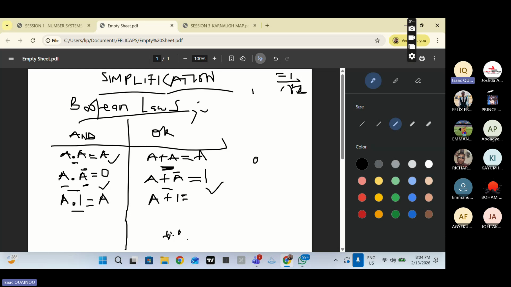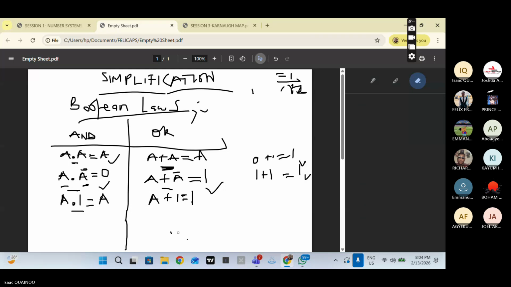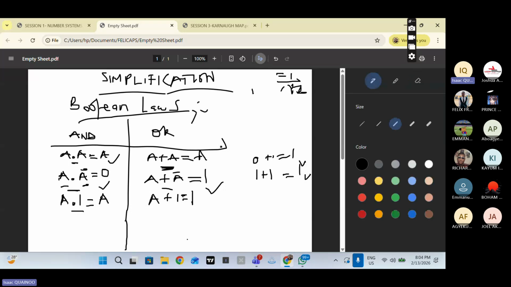So 0 plus 1, you are still getting a 1. And then 1 plus 1, at least one of our inputs is true, so we know our output will also be true. So both instances return a true, which is 1. So we are good with this.